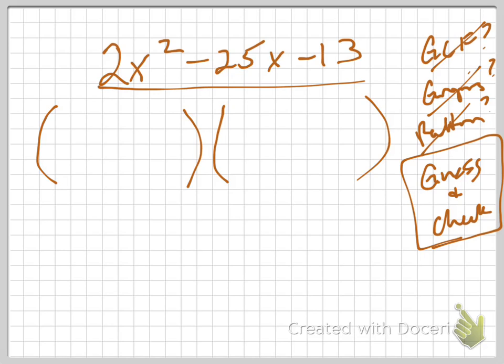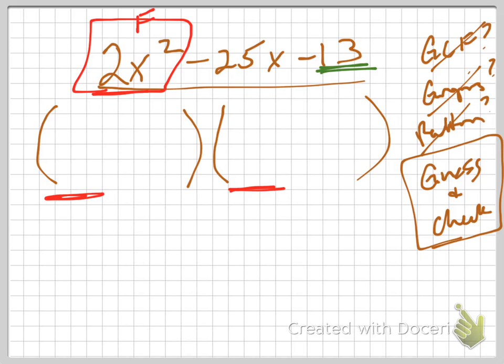Okay? So here's what guess and check is. You know that this term comes from where? That comes from the first. That's your first, right? And when you're foiling, that's going to be your first. Where does this one come from over here? That's your last, right?